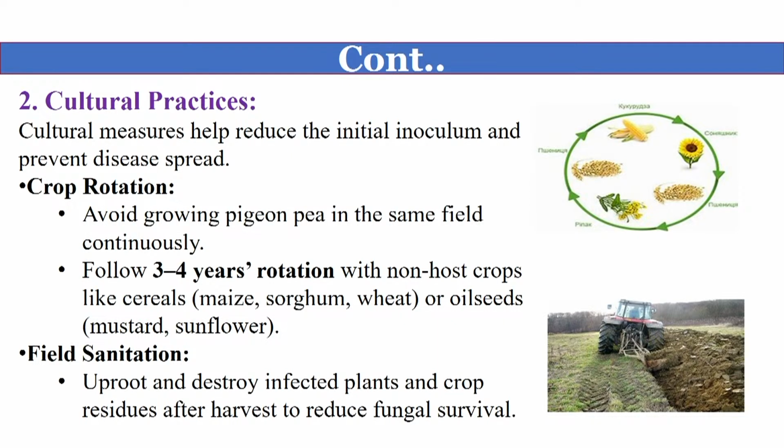And you have to rotate. And for field sanitation, you have to uproot and destroy the infected plants and crop residues after harvesting to reduce fungal survival in the soil.